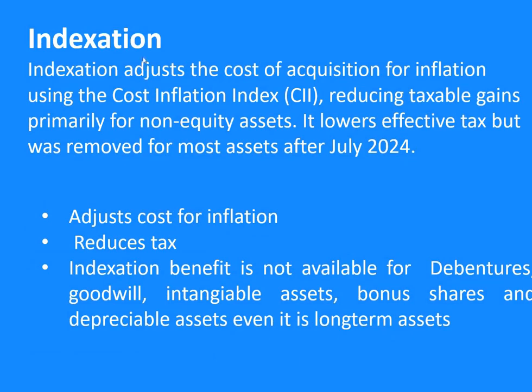Indexation is a benefit given to the assessee for reducing the taxable gains, primarily for non-equity assets. It does not include debenture, goodwill, intangible assets, bonus shares and depreciable assets, even if it is a long-term asset. So the indexation benefit is not available. You should note it.